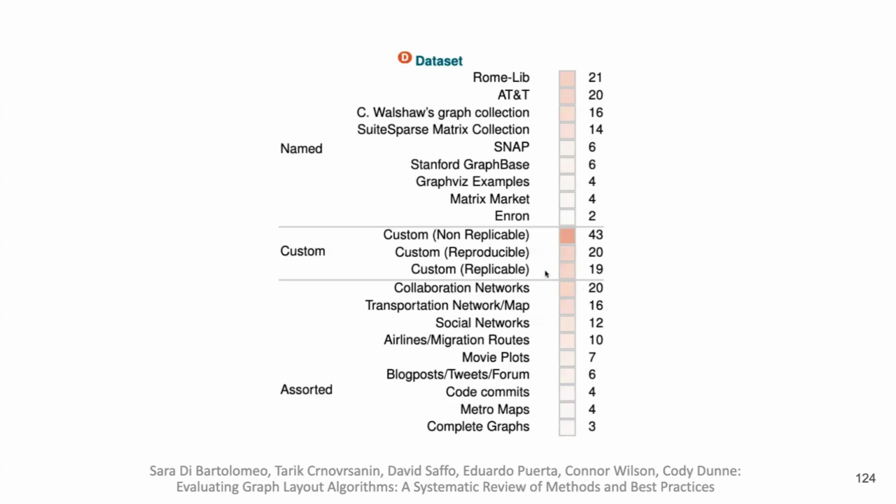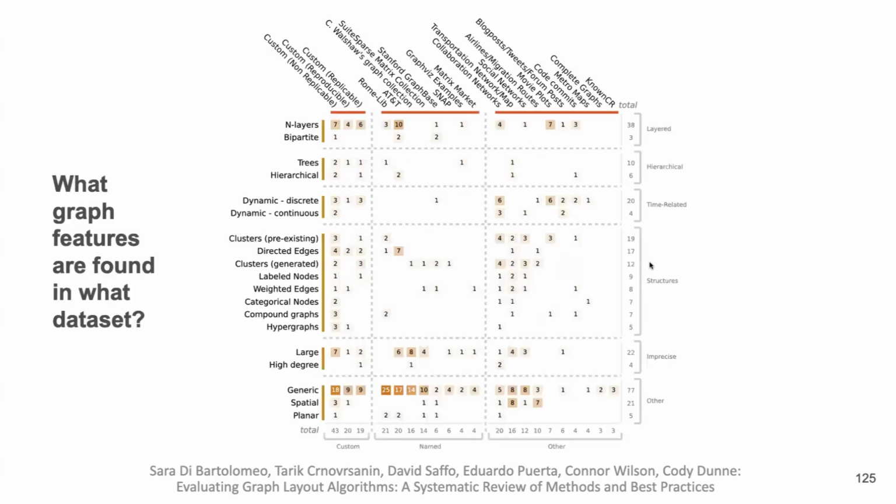But one of the most interesting parts to me here is these custom ones. So here I have a co-occurrence matrix of what graph features are used in combination with what dataset. This means that if you were looking to develop a layout algorithm that handles layered graphs with n layers, which dataset did you go look for?